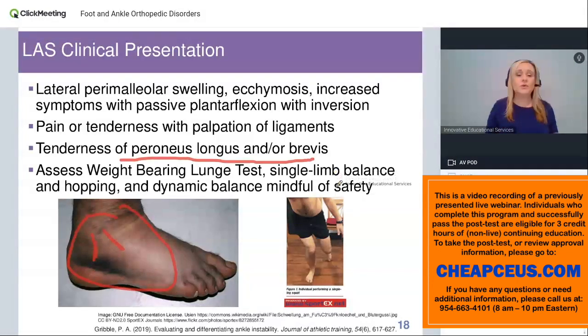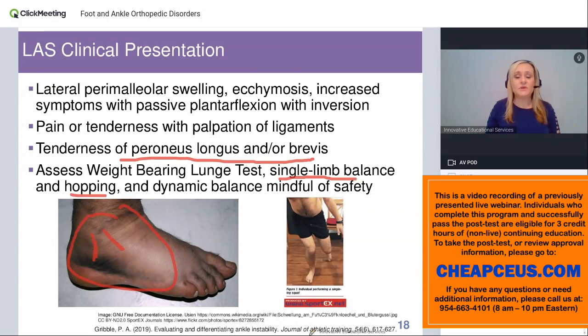And then also, because we're going with the thought that we do need to control stress and optimize loading on these healing tissues, we do need to know from the beginning, well, how much are those tissues able to tolerate? So we are looking at single limb balance testing, hopping within a safe range or with upper extremity support to see.